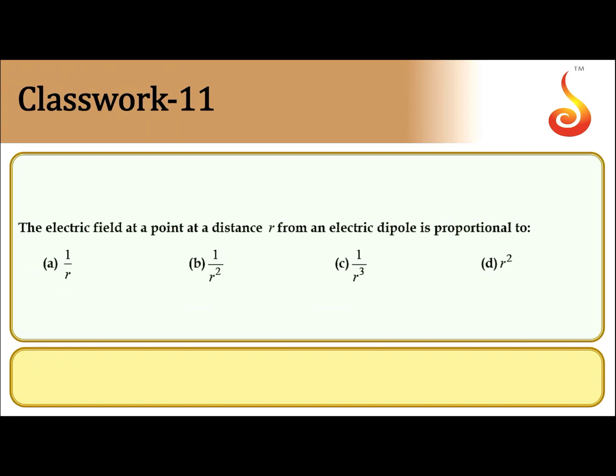Next one. The electric field at a point at a distance r from an electric dipole is proportional to... The electric field due to a dipole. Suppose I consider a dipole with charges minus q and plus q, where 2L is the dipole separation, and the point is located at an angle theta at a distance r.